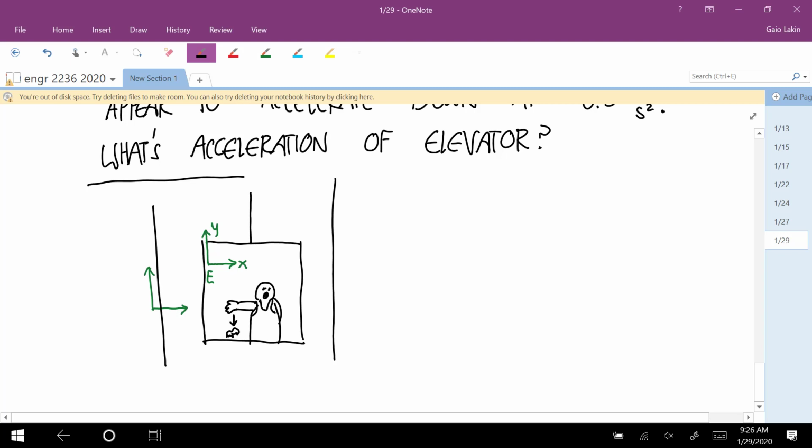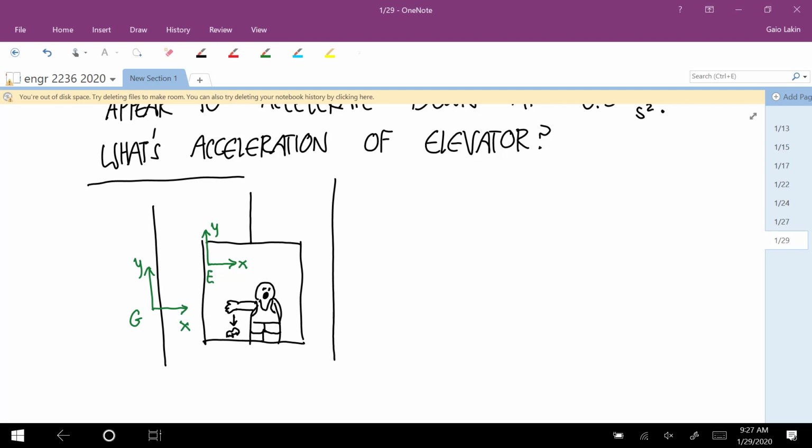That's what it looks like. That thing's supposed to be a key. And so there's this second coordinate system that I'm going to call G for ground. Okay, it has its axes in the same directions as the coordinate system on the elevator.